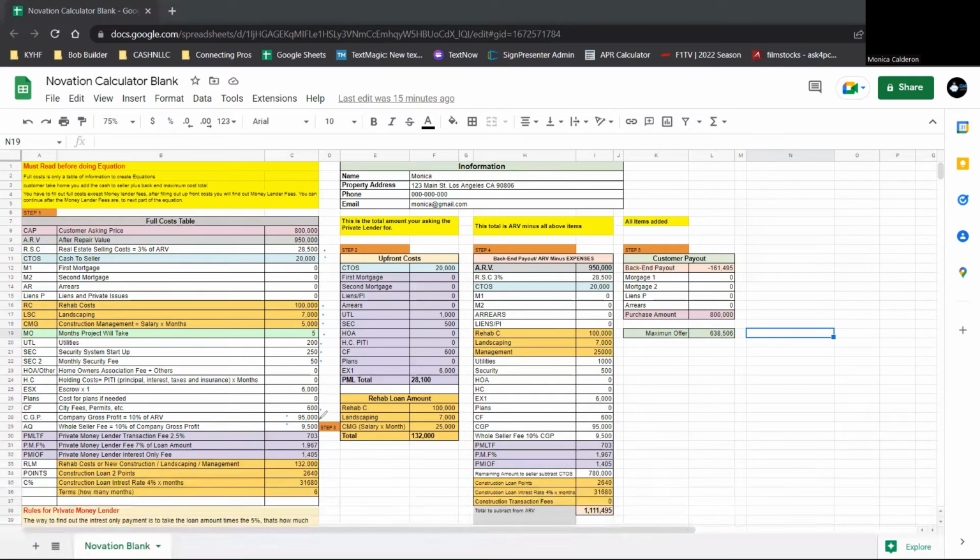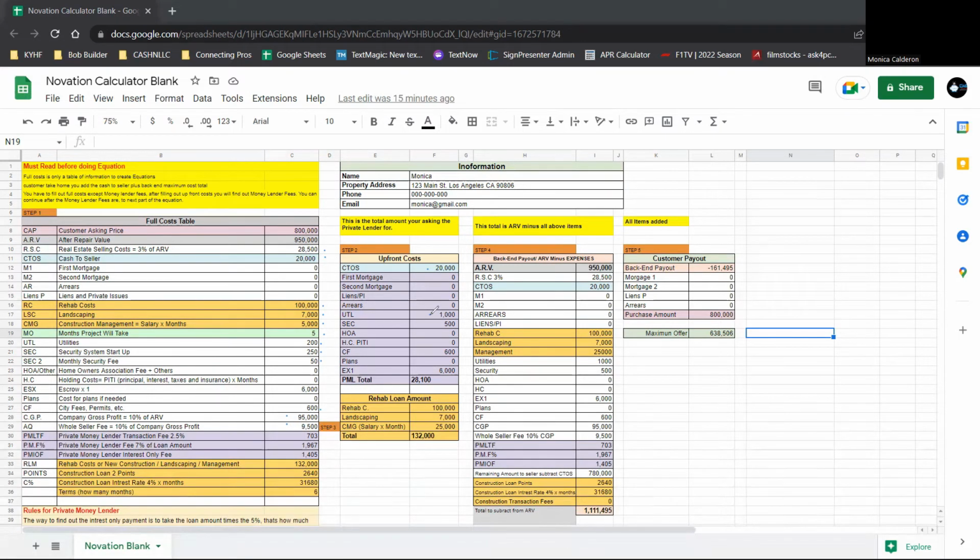Okay, so once we've reached the company gross profit, this is where we would stop filling out the information on the first step, and we would move over to our upfront cost, our step 2. Right, so everything will automatically transfer over to the upfront cost with cash to seller, no mortgages, no liens.